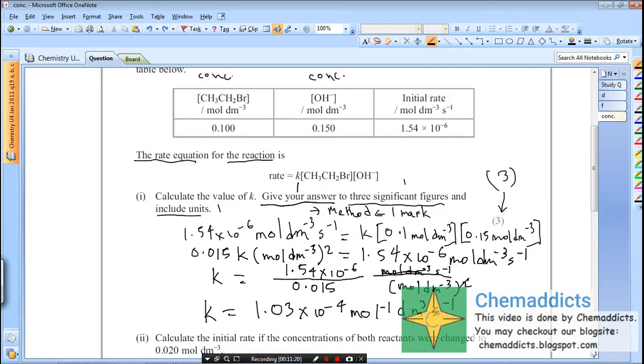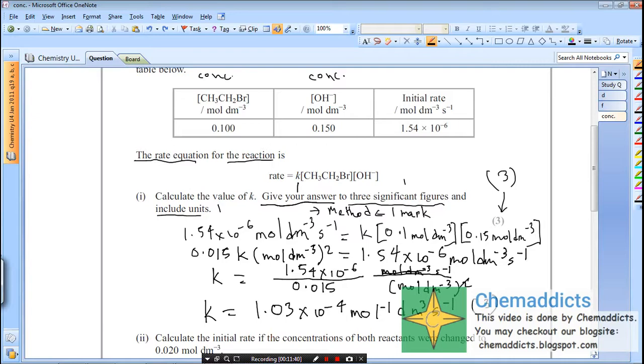That's good. Then we have written the answer to three significant figures over here. That's good. We have achieved 2 marks, and finally we have included the units at the end. So we have achieved 3 marks in total.